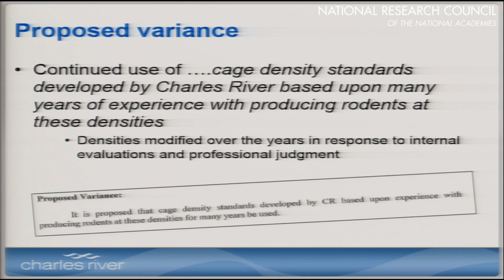It's been modified over the years as the knowledge base has changed, as the IACUC has become more involved in the 80s to 90s, as the guide changed and identified issues like a performance approach on dealing with these sorts of issues. So we've certainly modified densities over the years.